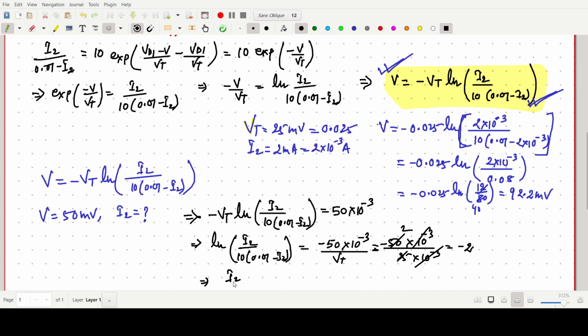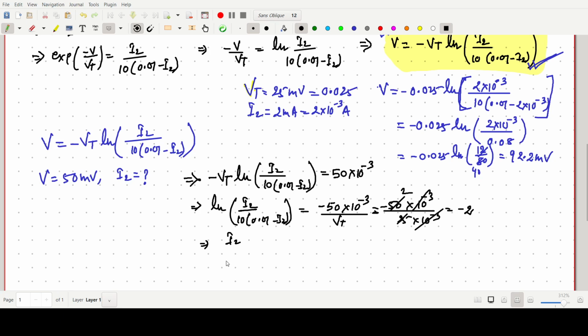So one can write I2. Okay, I'm solving. 10 times of 0.01 minus I2 and ln, so it should be e to the power minus 2.